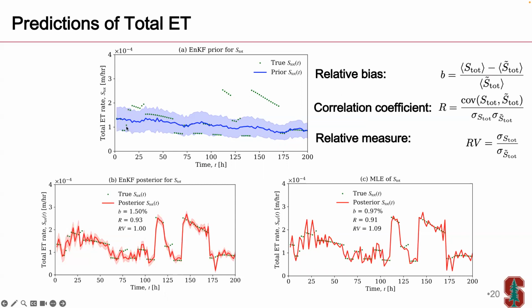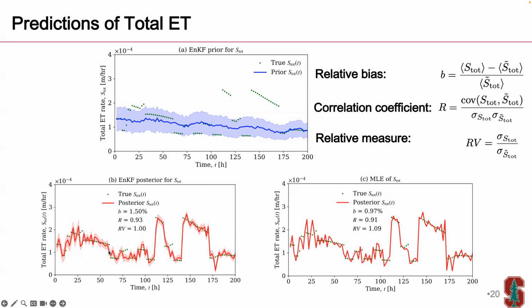We use a prescribed time series of Tmax and Emax to generate this total evapotranspiration rate. By using the ensemble Kalman filter, we developed the maximum likelihood estimator. And here are the posterior plots for the total evapotranspiration rate.